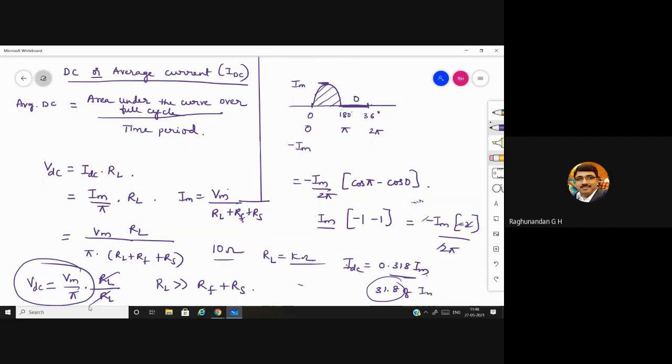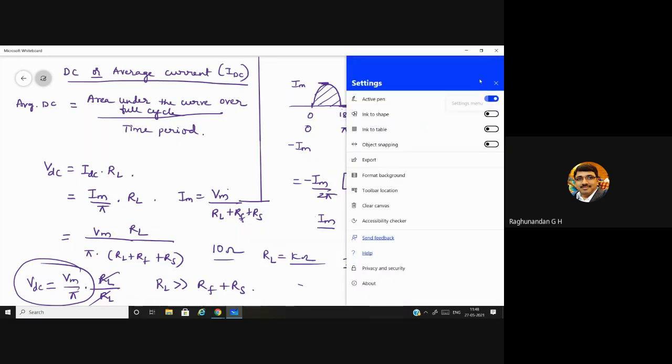AC. That's why I was saying we get a shape like this, which contains AC plus DC. Only 31.8% is DC, the remaining is AC. That's why in later topics we use a capacitor to remove this AC signal. We still have some more derivations, so we'll do them in the next class. If you have any doubts, you can ask me.